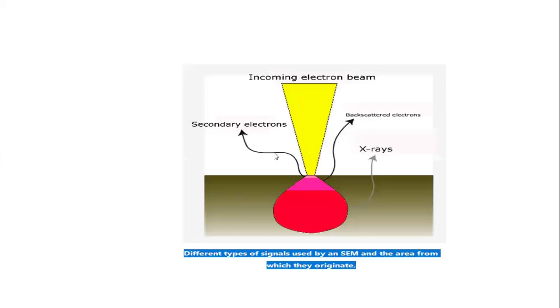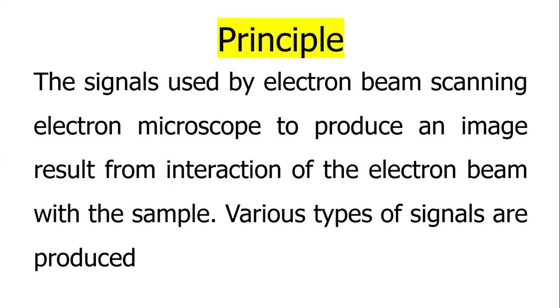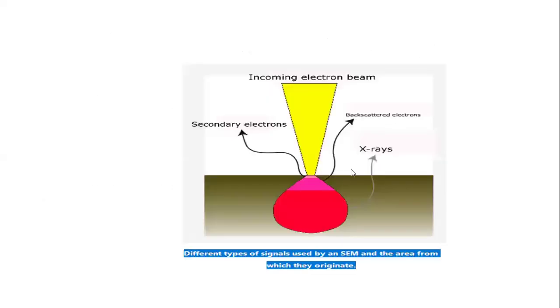See, these are scattered electrons, and these are backscattered electrons. Some electrons are knocked off from the surface, and these are the secondary electrons.